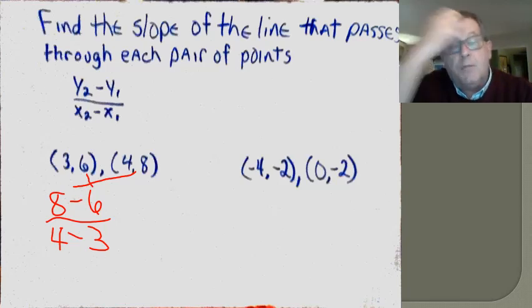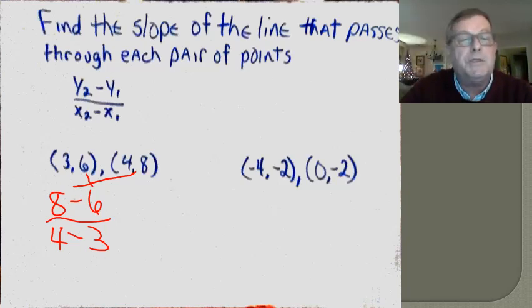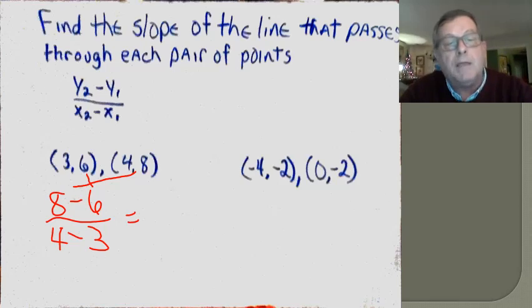And likewise, I pulled the 4 from the x2 position and the 3 from the x1 position. And so 8 minus 6 is 2, over 4 minus 3 is 1. Well, 2 divided by 1 is going to give me 2.